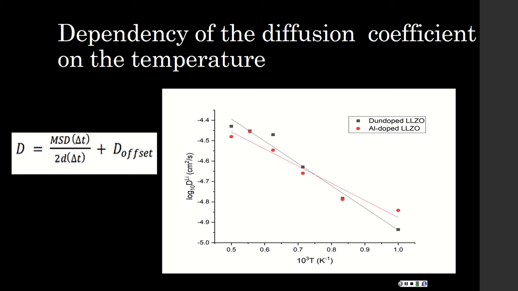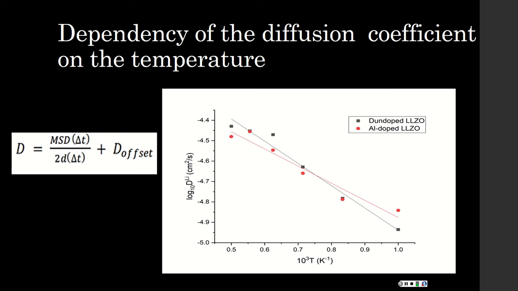And with this equation, I have calculated the diffusivity at each of the temperatures. I arranged the temperature from 1000 to 2500, and for each temperature, I calculated the diffusivity, and then I plotted the logarithm of diffusivity against 1000 divided by T.